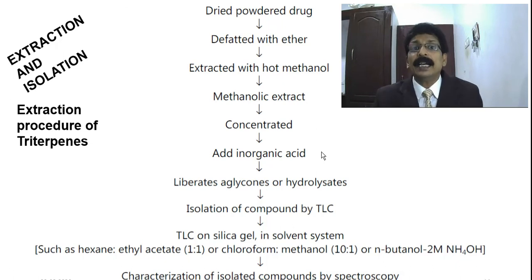So by ether you can defat, remove the fat which is not needed for our experiment. We are interested to see only the triterpenes. So remove the fats, extract with hot methanol. You can go for the continuous hot percolation method. Methanolic extract, use a Soxhlet apparatus and then concentrate the extract which you got.